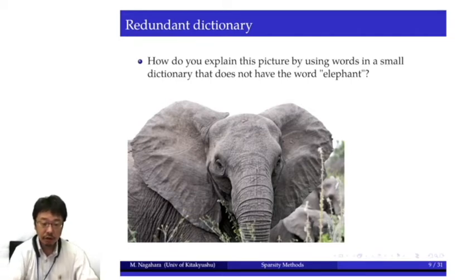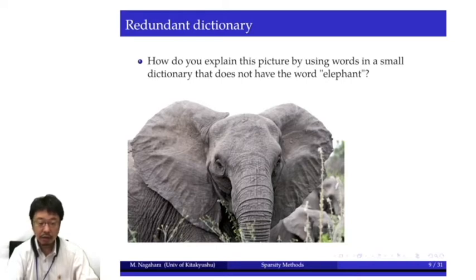Then you need to try to explain this picture by using many words like this picture shows a big animal that has a long nose, many of them live in African savanna, and so on.